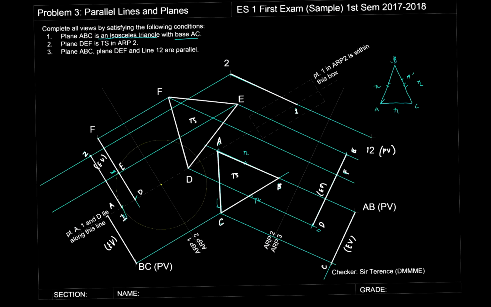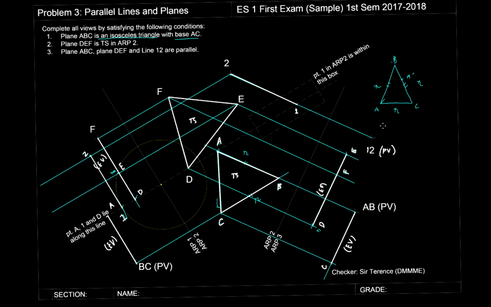Parang ganyan. Pero, notice na kaya siya may area, no? Kunwari ito, area. Point 1 or 2 is located within this box. So, kaya siya ganyan kasi you can actually do multiple solutions. No? Kasi kunwari, hindi naman necessary na naka-point view si point 1 dito. We could very well have done something like this, no?